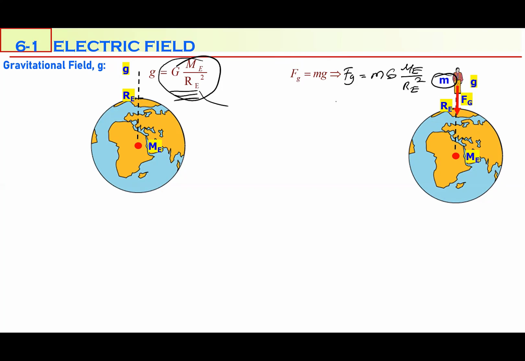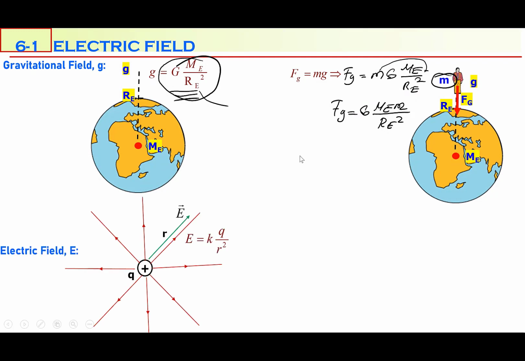When you rearrange this equation, you get the universal law of gravity: capital G, mass of Earth times mass of man divided by the radius of the Earth squared.